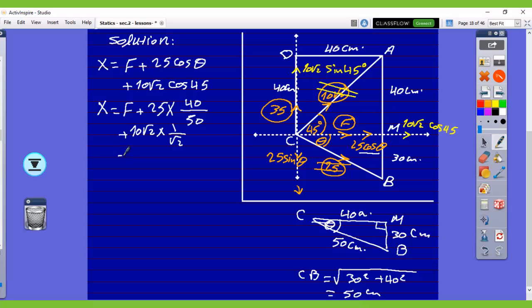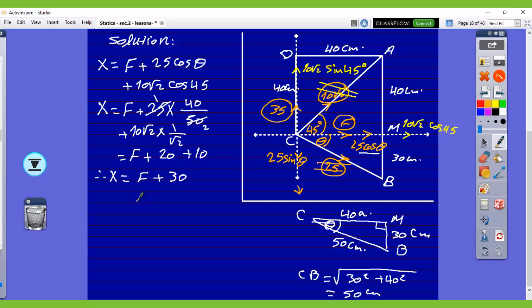So we have F plus 25 multiplied by 40 over 50: divide 25 by 25 equals 1, divide 50 by 25 equals 2, so 40 divided by 2 equals 20, plus 10. Finally, we have x equals F plus 30.